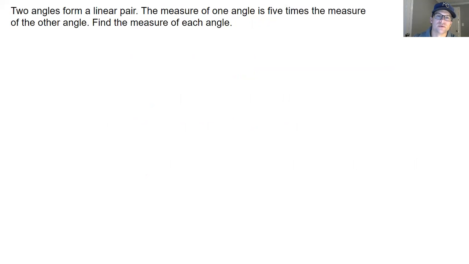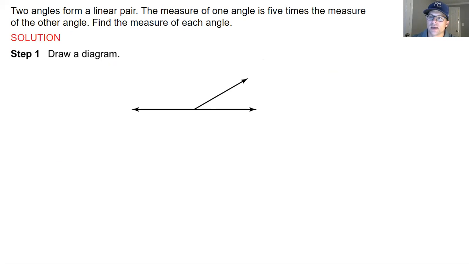All right, so two angles form a linear pair. The measure of one angle is 5 times the measure of the other angle, so you need to find the measure of each angle. One thing that's going to help you is to, again, continue drawing your diagrams. You know that it's going to be a linear pair, so draw a straight line and then a common side forming your vertex.